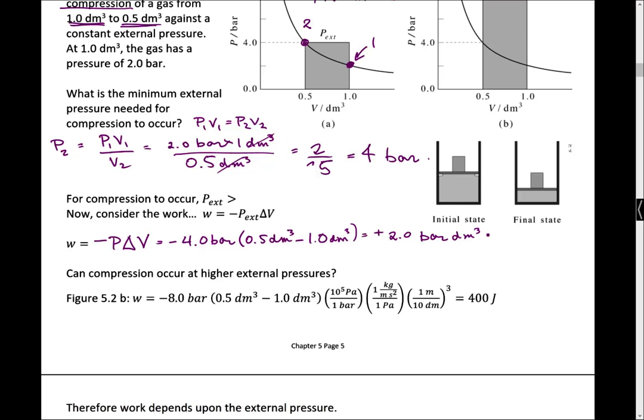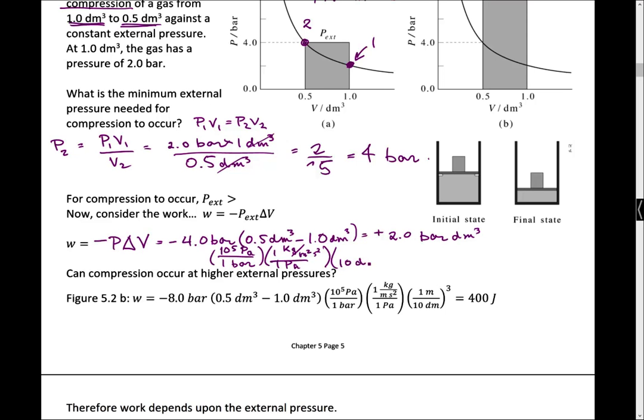For the unit conversions, we know that 1 bar is the same as 10 to the 5th pascals. And 1 pascal, SI unit, is 1 kilogram per meter per second squared. Then I need to get rid of decimeters.